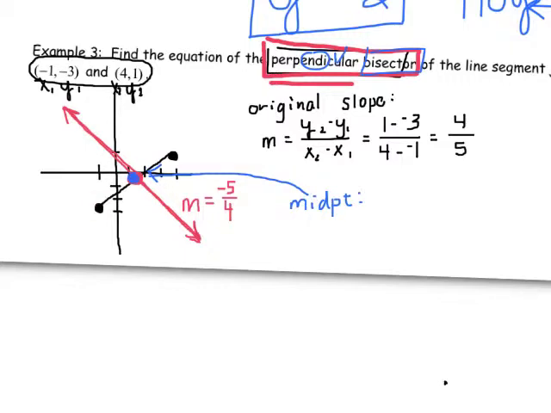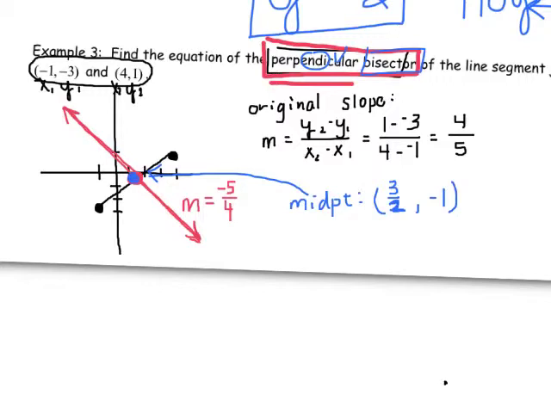If you have this x value and this x value, this x value is going to be exactly in the middle. So I average my two x's, so that's my x. Averaging is adding together, dividing by 2. So negative 1 plus 4 is 3. 3 divided by 2 doesn't reduce, so I'll just write 3 divided by 2. I prefer fractions. I think they're a little bit easier in this case. I also have to average the y's. So negative 3, add 1 is negative 2, divided by 2 is negative 1.